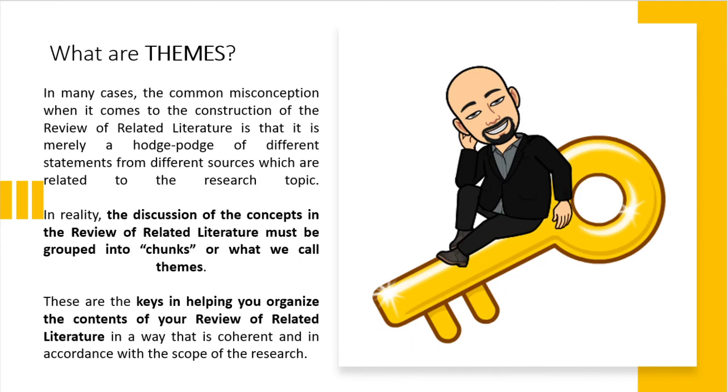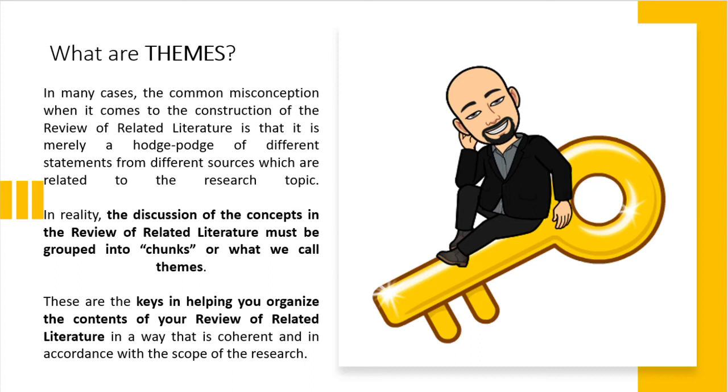So again, as we discussed, themes are used. And in reality, the discussion of the concepts in the review of related literature, as I said earlier, will be grouped into chunks with proper headings to direct the flow of the discussion in the RRL.